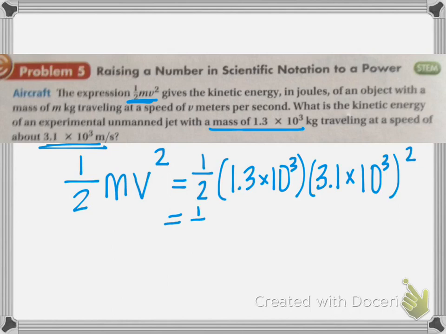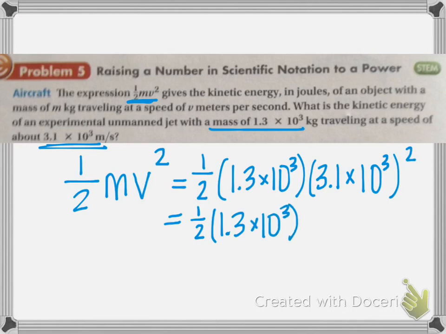Okay, first things first, I have to deal with my exponents. You know, order of operations says parentheses first. Well, I could do that, but I don't have to. I want to keep it in scientific notation, so I'm going to keep the scientific notation like it is. Then exponent, so the squared.